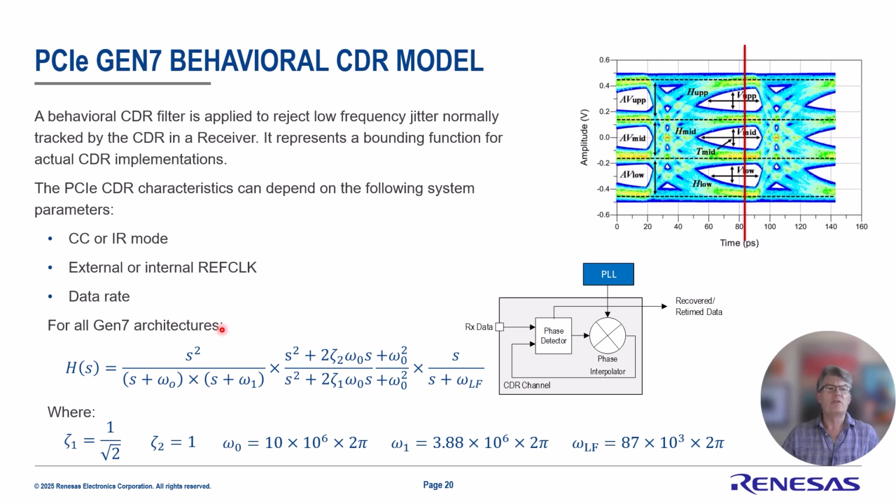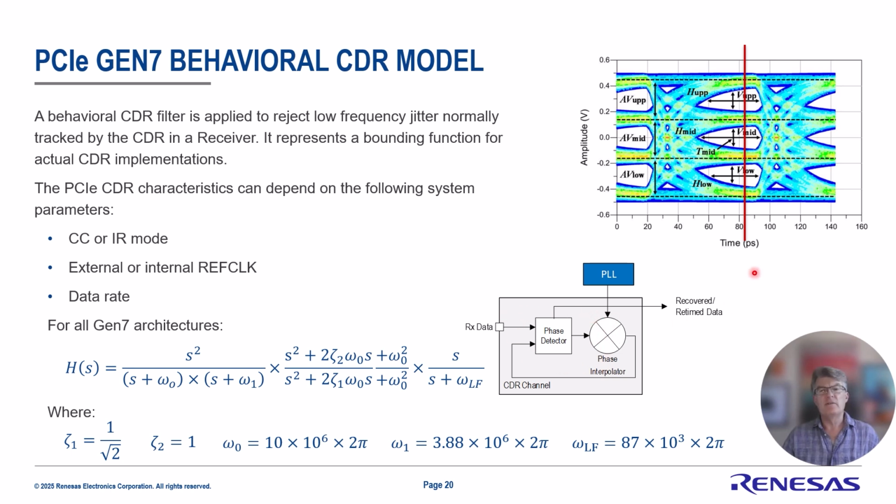However, for all Gen 7 architectures, this is the transfer function. It has 3 poles, as you can see by the 3 products that are being multiplied together here. And the damping functions are defined as 0.707 and 1. And then we have 3 frequencies. We have an omega 0, an omega 1, and an omega low frequency value defined.